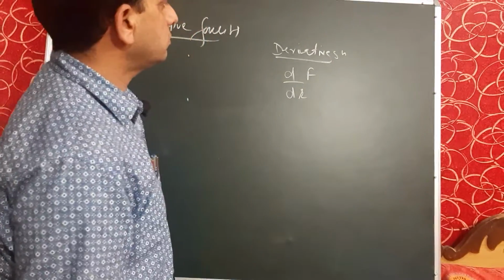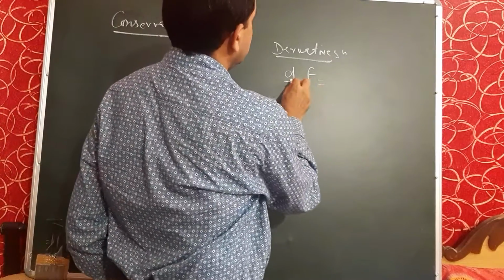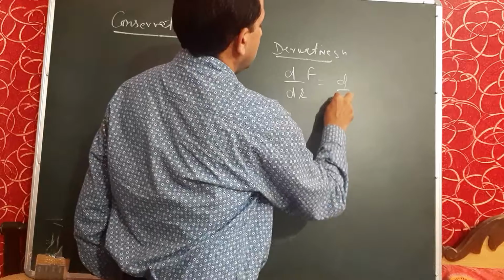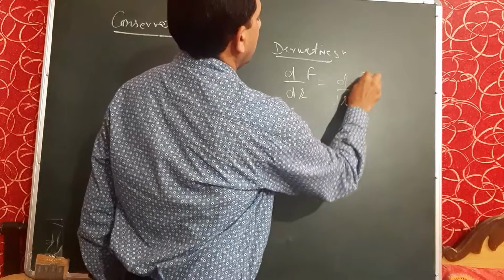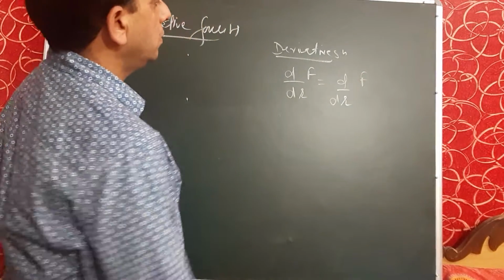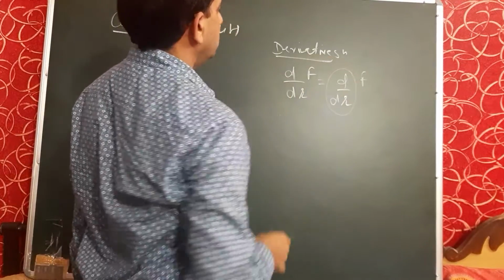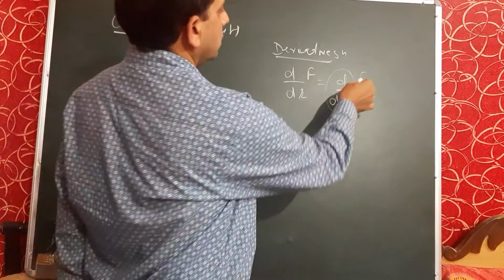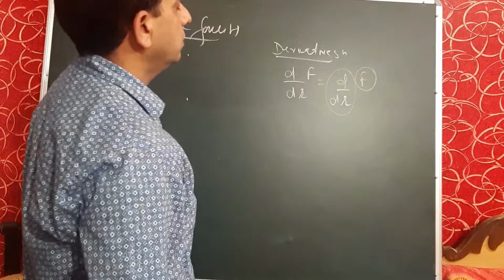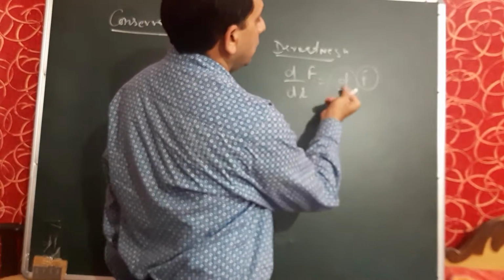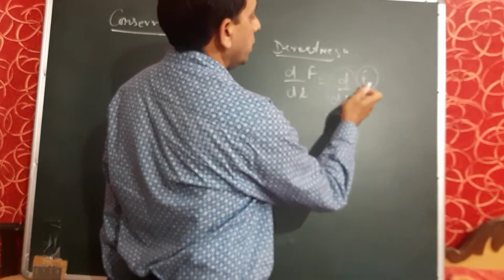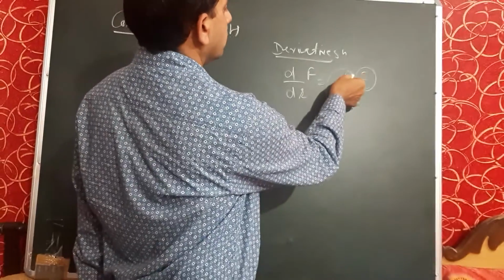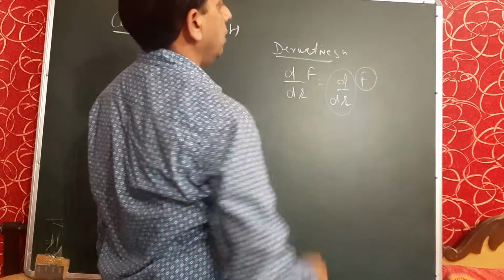We may write this derivative as d/dr and f. d/dr is a different or separate parameter and f is separate. So, we may call it the product of two variables or two functions. First one is d/dr, second one is f.